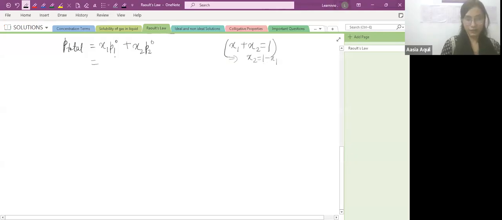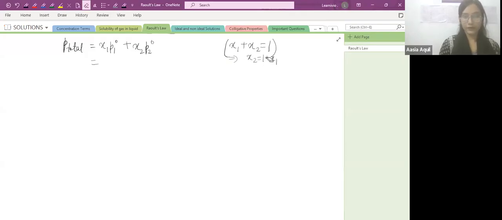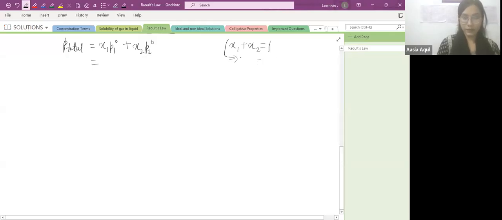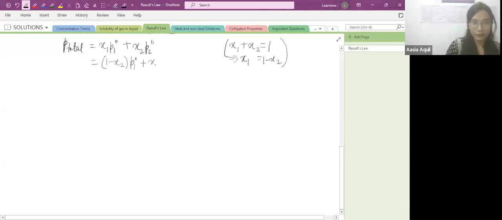Substitute this in equation 1. So P total equals 1 minus X2 into P1 naught plus X2 P2 naught. Got it? Clear till here?